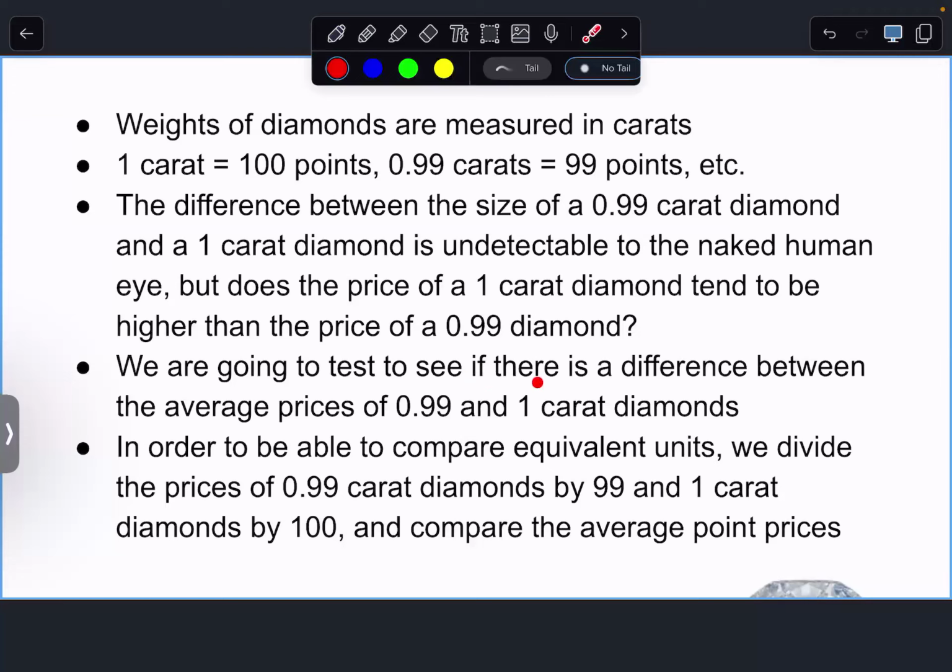Here it says if there's a difference between these two, what would that mean? That would mean that your alternative hypothesis is that mu1 minus mu2 is not equal to 0, for a difference. But we're more interested in whether the 1 carat diamonds are significantly more expensive than the 0.99 carat diamonds. So I'm going to remove this.